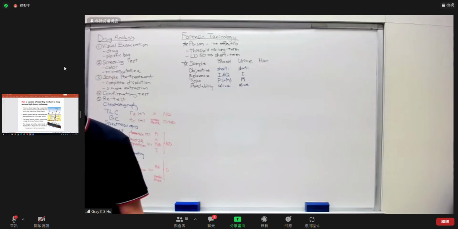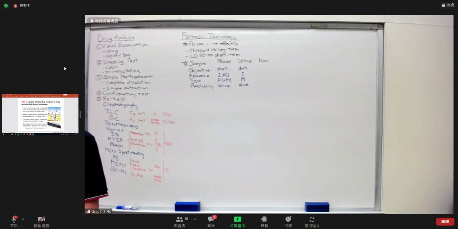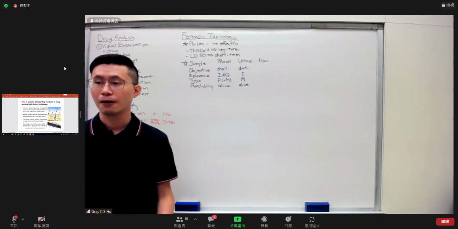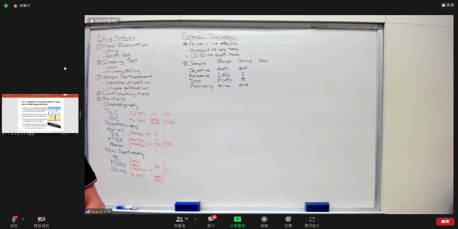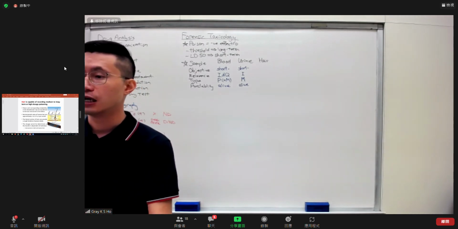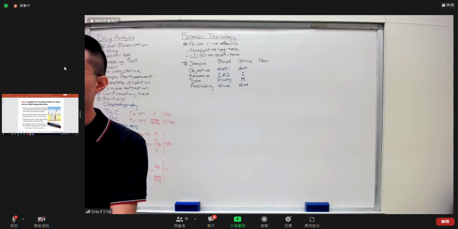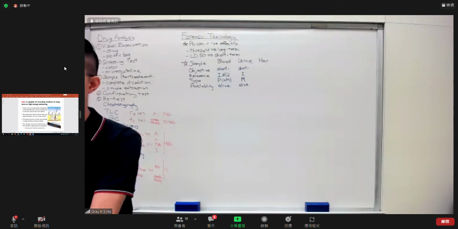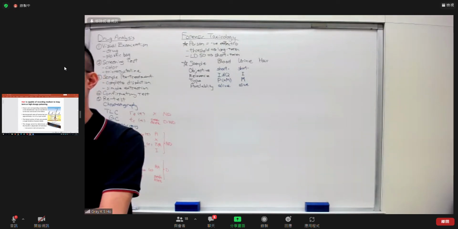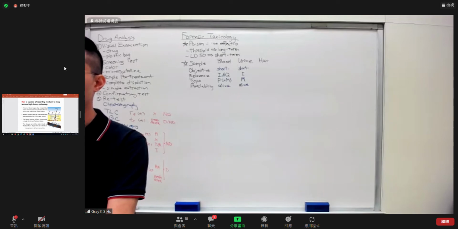But not only does it absorb nutrients, the poison and the respective metabolites will also be accumulated inside the follicle. So if there is some poison in the blood, it accumulates there, and those metabolites and the poison will go along with the hair.